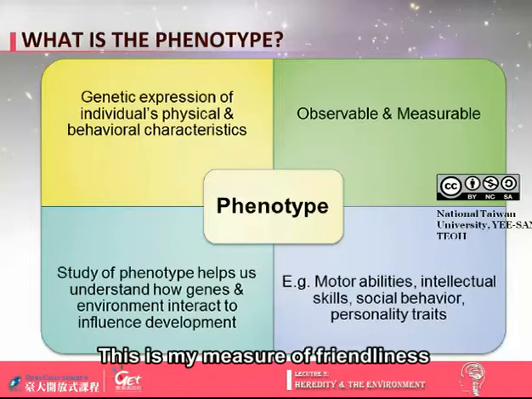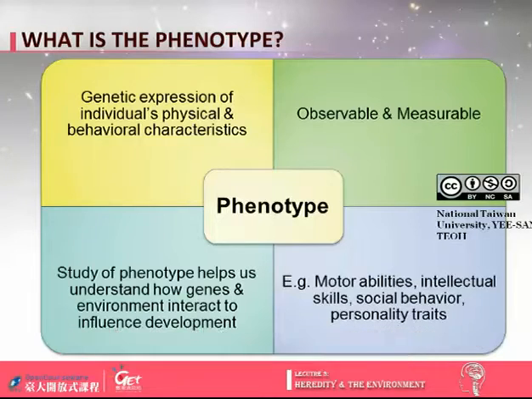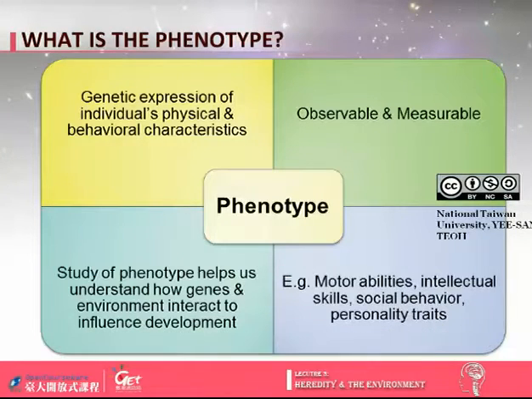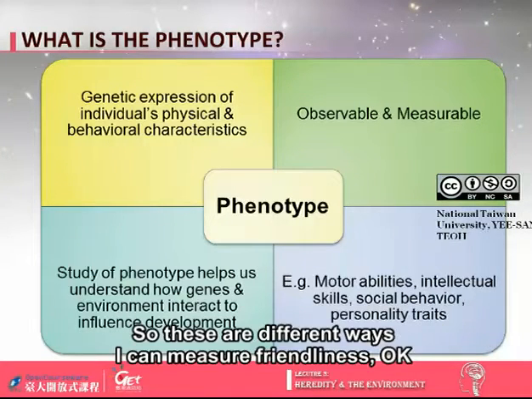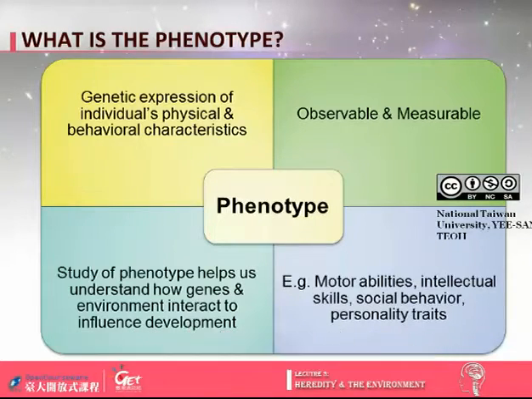This is my measure of friendliness. I could measure how many times or how long this person makes eye contact with the other person. How far does this person stand away from the other person? Proximity. So these are different ways I can measure friendliness. It's a phenotype that is observable and measurable.